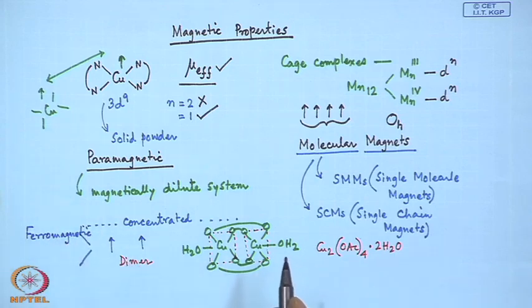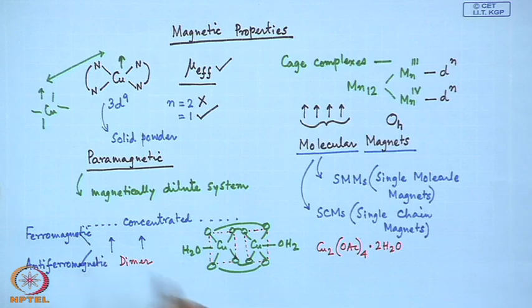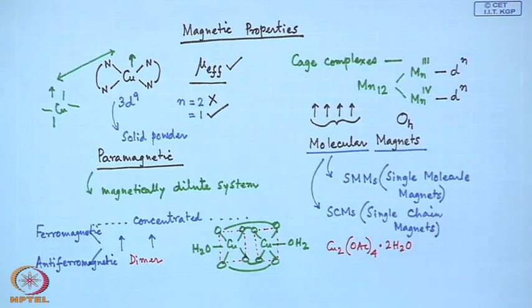And if the interaction diminishes the total magnetic moment of the system, we get some antiferromagnetic interactions. The interactions can thus be ferromagnetic or antiferromagnetic in nature.